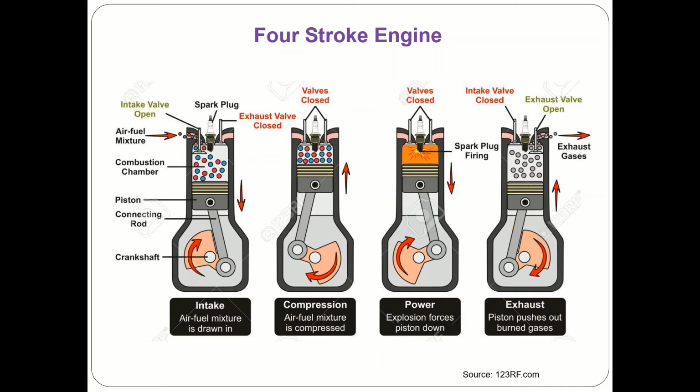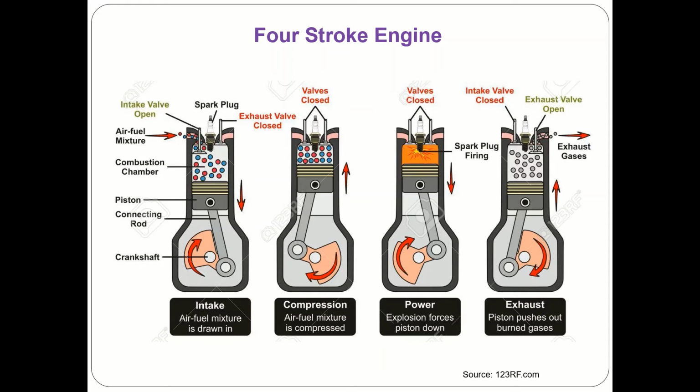In case of the suction stroke, the mixture of fuel and air is taken in, during which the intake valve opens, the piston moves from top dead center to bottom dead center, and because of the vacuum which is created inside the cylinder, the mixture of fuel and air is taken in.